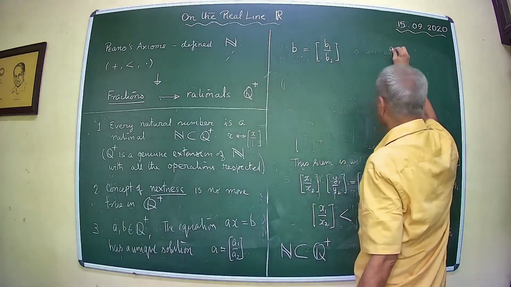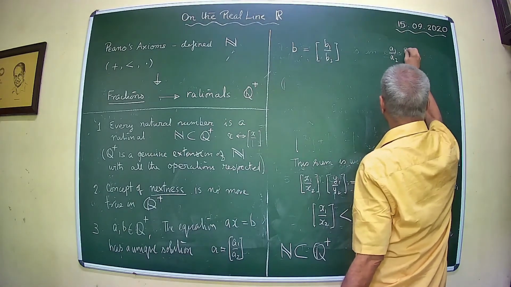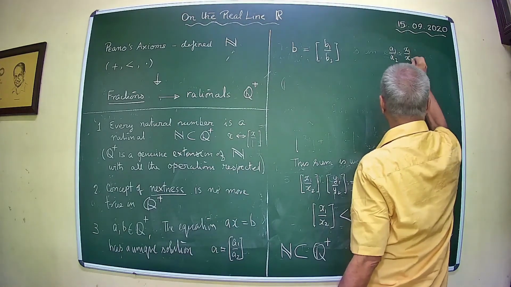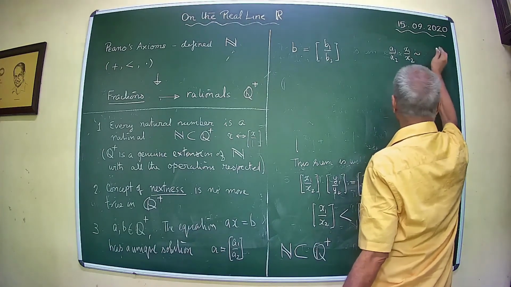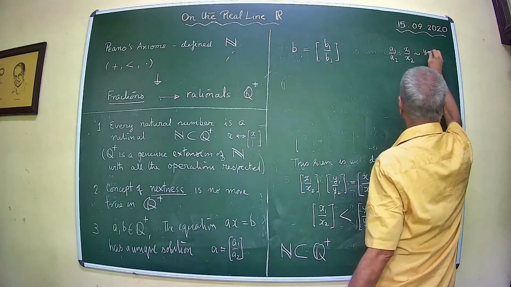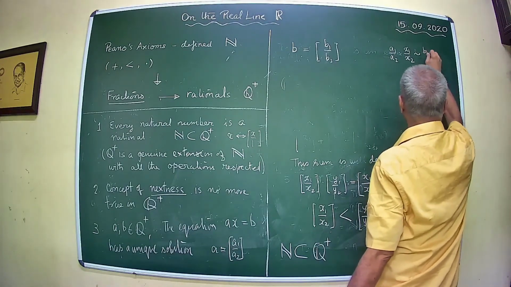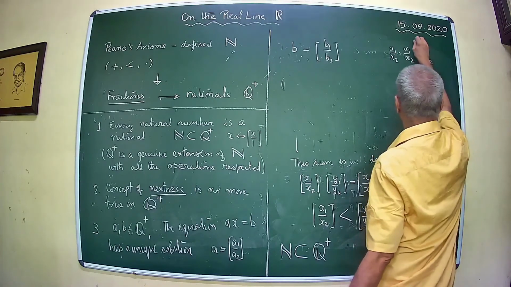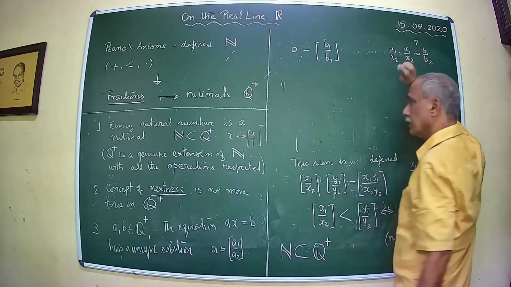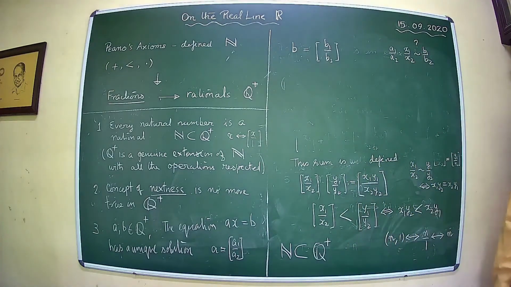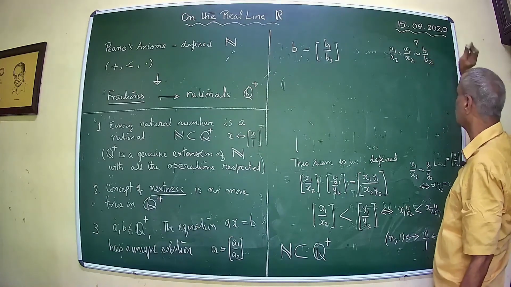You have a1 by a2, and suppose you are taking x1 by x2, you are asking the question: does there exist x1 and x2 such that a1 by a2 into x1 by x2 equals b1 by b2?